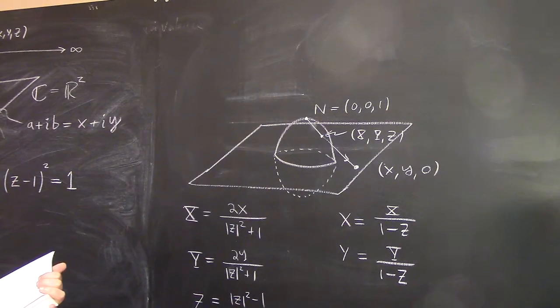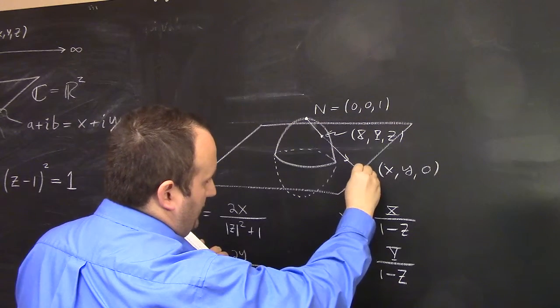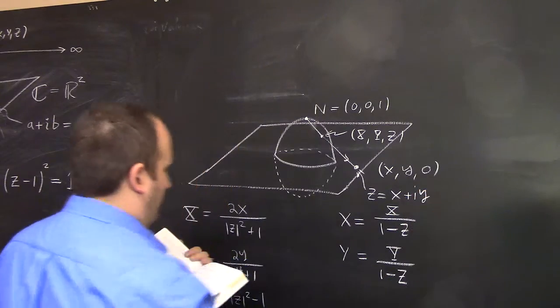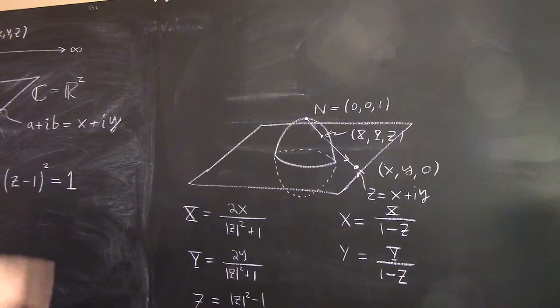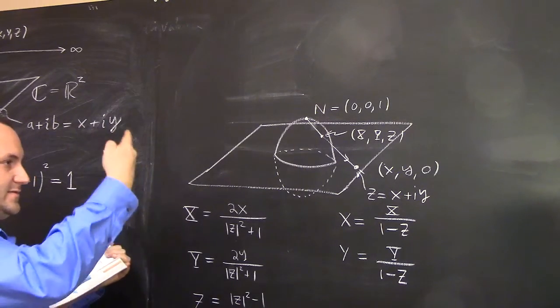So that would take you from this thing being basically z equals x plus iy, right? So that's the reverse map. Essentially, this is how to go from the point on the complex plane back up to that.